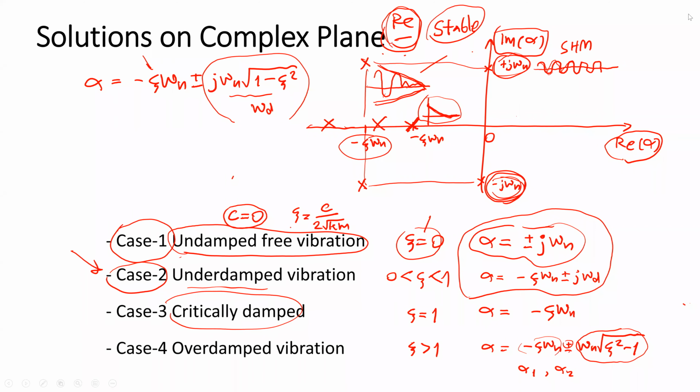But in some unlucky cases, for free vibration, we are not going to see the real part in the positive region. But in some systems, when we have additional excitation or force, we can see the real part become positive.